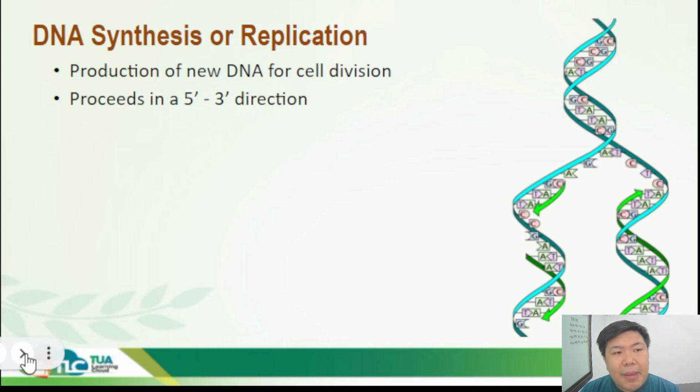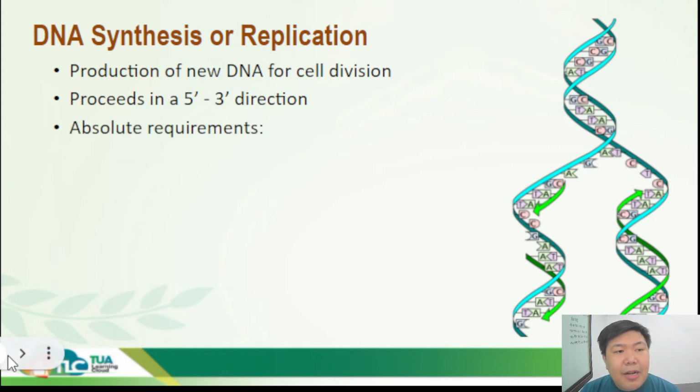You have to remember that DNA synthesis always proceeds in the 5' to 3' direction. That is why one strand will be formed downward while the other one will be formed upward, because one strand is 3' to 5' while the other one is 5' to 3'. So in order to follow the 5' to 3' direction, they will have to go opposite each other.